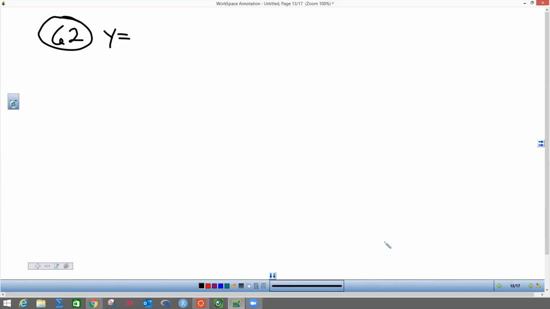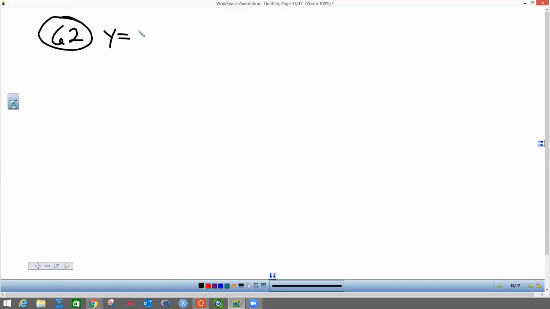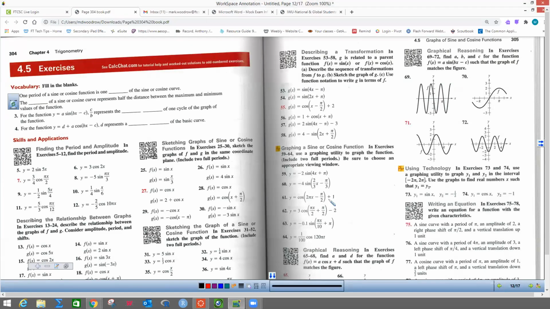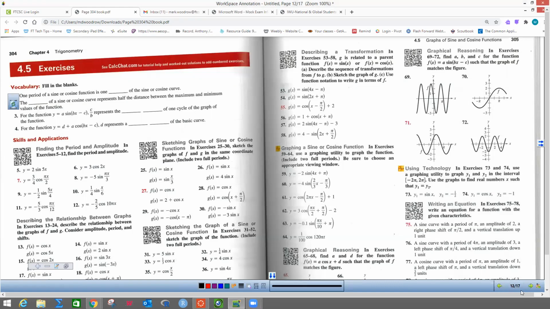I don't know if it says y or f of x, doesn't matter. 62. 3 cosine, pi over 2 x, can't remember if it's plus or minus, plus pi over 2, and minus 2.